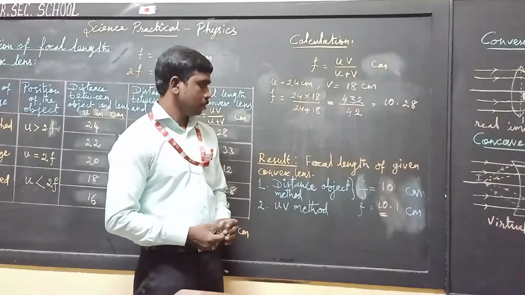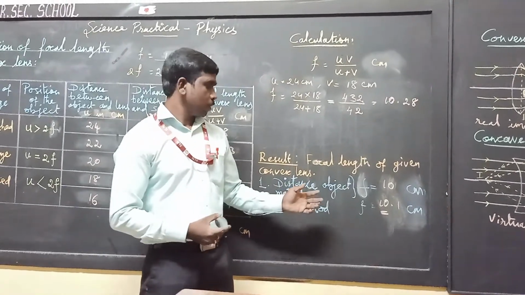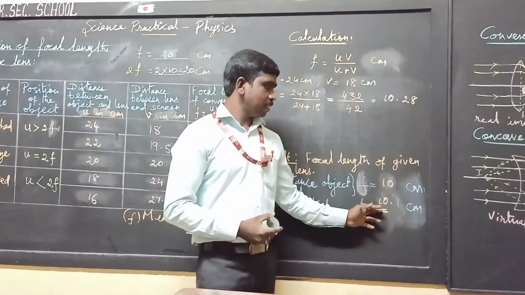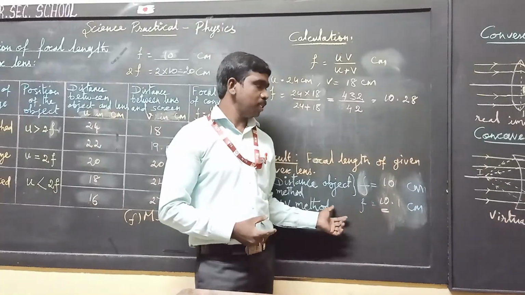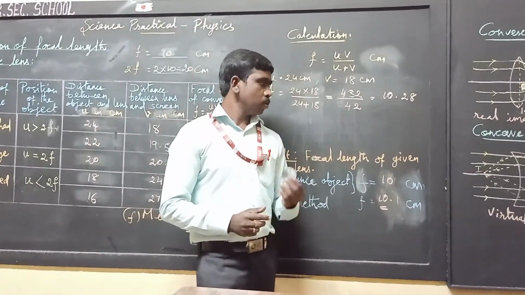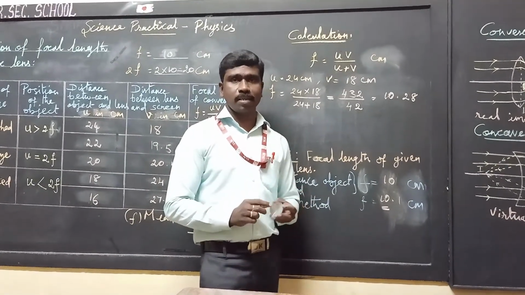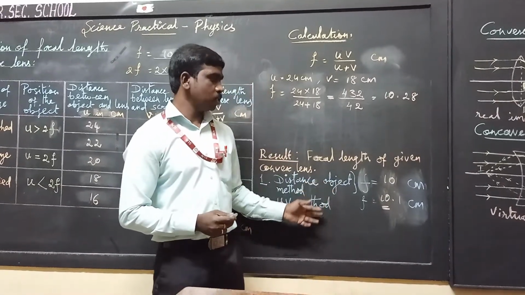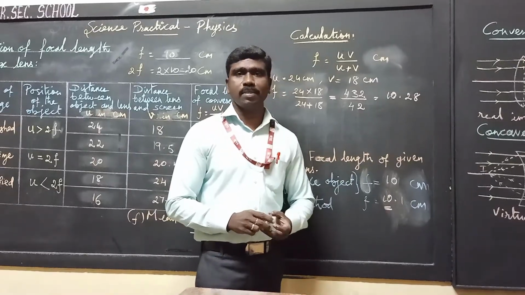From the result we conclude that with 2 different methods we collect 2 different data, but there is not much difference between them. We have a number of convex lenses, each having its respective focal length, and we can calculate the focal length of a convex lens by using these 2 methods.